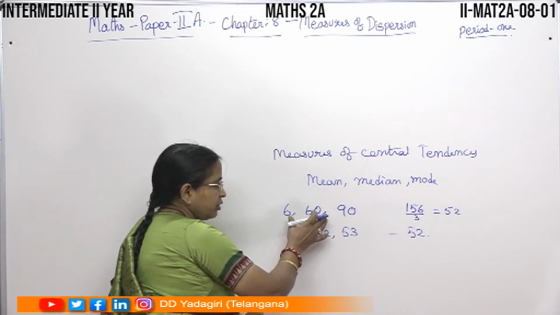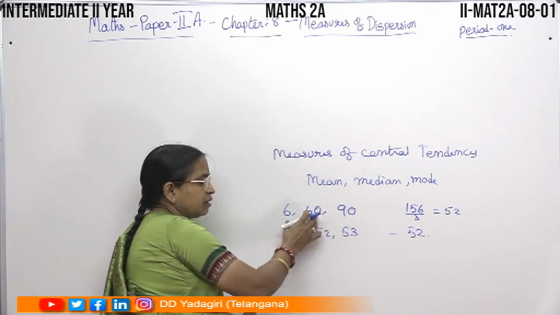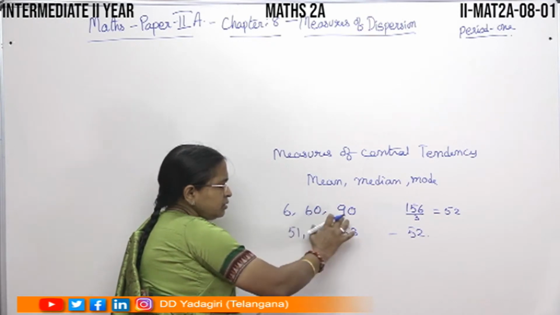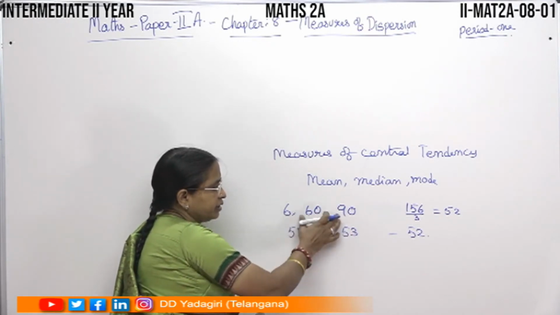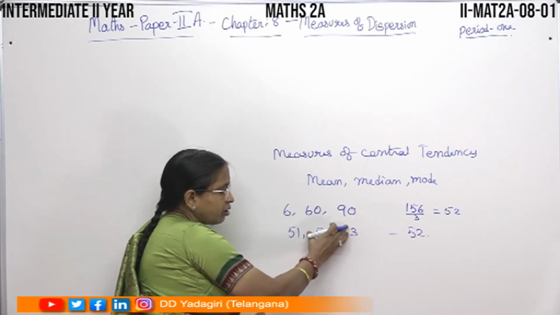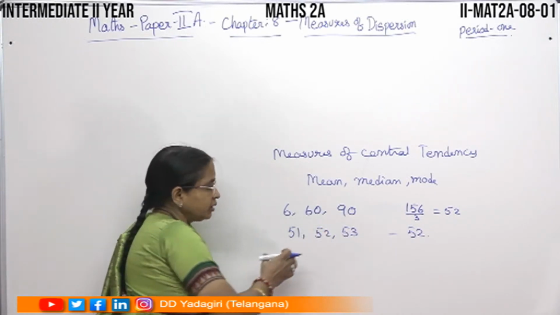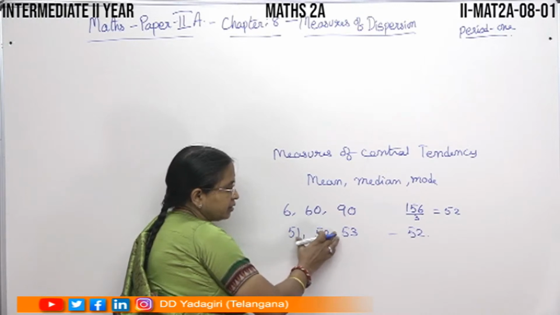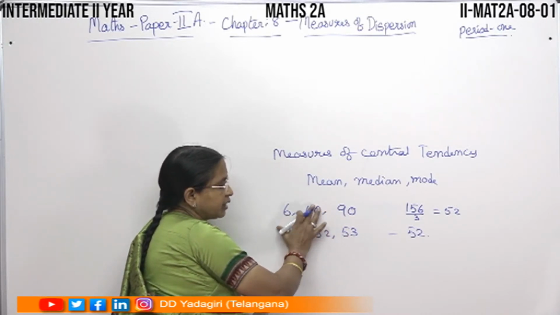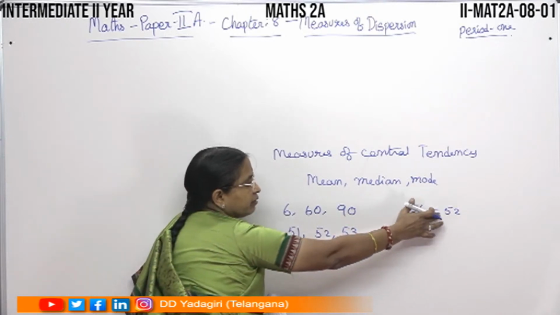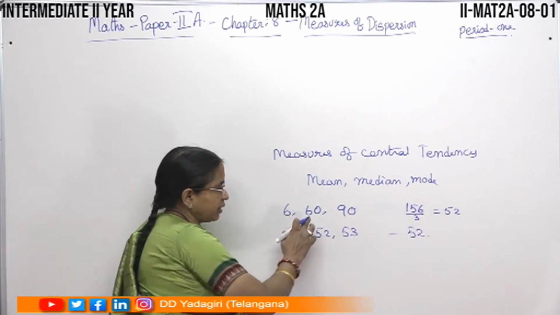So can you say that this data and this data are almost the same? No, because here there is a lot of variation between the values. Here the three values are nearer to 52. This data is not scattered, but here the data is scattered. They are far away from this middle value, the central tendency value.